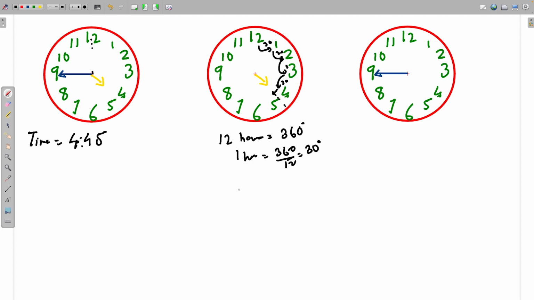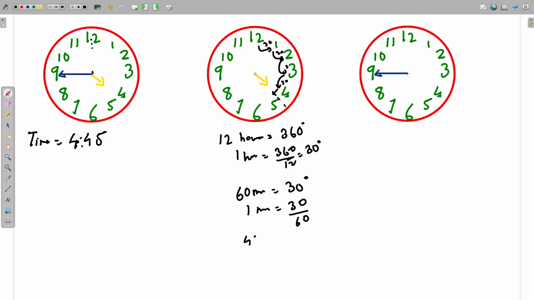The best way to do this is, we know that it has traveled 45 minutes. For 1 hour, it is 30 degrees. So we can write 60 minutes is 30 degrees. So for 1 minute, it is 30 divided by 60.